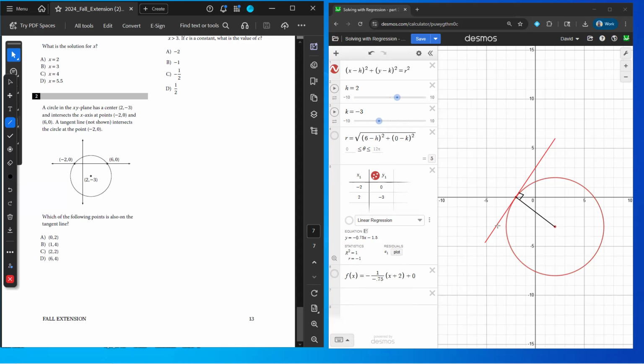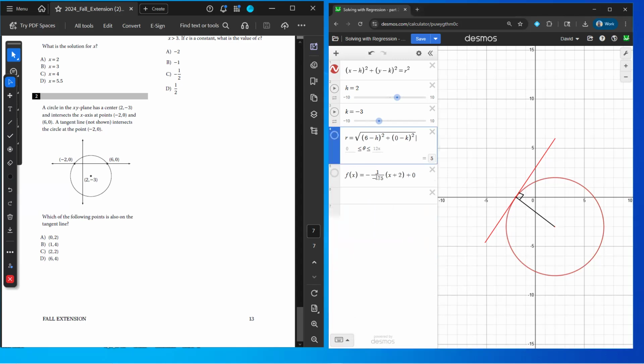So how can I find the slope of the radius? We can do that by using something called a table. So I'm going to delete it, just to type from scratch. So table for table. We type in the center, so that was 2 comma -3. And then we type in the point that's the point of intersection.